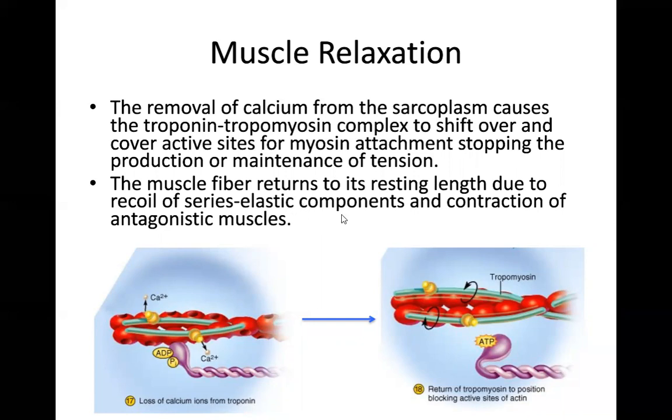Along with that, a lot of times we're relaxing muscles, but at the same time we're also contracting antagonistic muscles. Like when we extend our elbow, we're contracting our triceps, which causes our biceps to return to its resting position because those are antagonistic pairs.